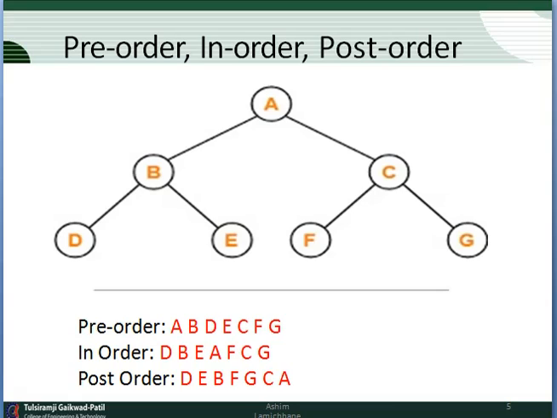Accordingly, recursively we have to traverse the right hand side. On the right hand side there is a root node of that right subtree, which is C. So we can print C, then left, that is F, then right, that is G. That's it. So the pre-order of the given tree diagram is A, B, D, E, C, F, G.